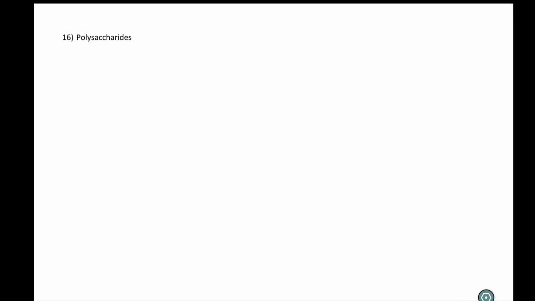The polysaccharide you're probably most familiar with is starch, and starch actually consists of two polysaccharides in a mixture. So I have starch, and starch is about 20% of a compound known as amylose.